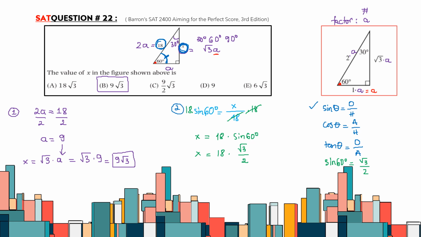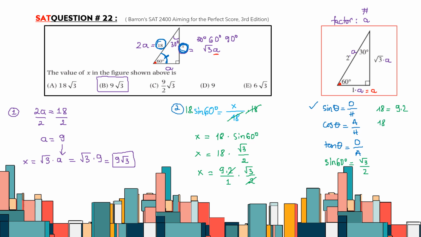Okay, now we simplify this one. 18 is 9 times 2, over 1, multiplied by square root of 3 over 2. That 2 cancels. 9 times square root of 3 divided by 1. I break down 18 as 9 times 2 because I see the factor 2 in the denominator, so I want to cancel that factor to make it simpler.